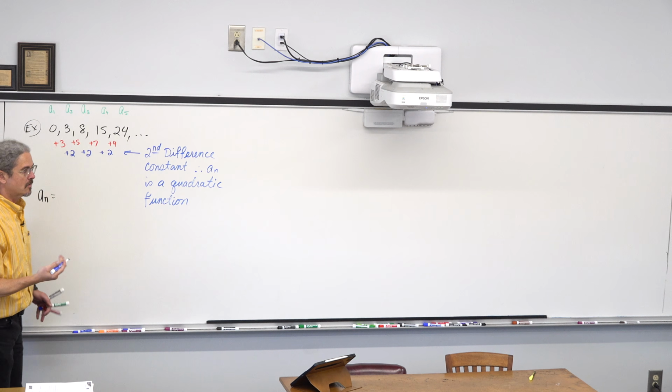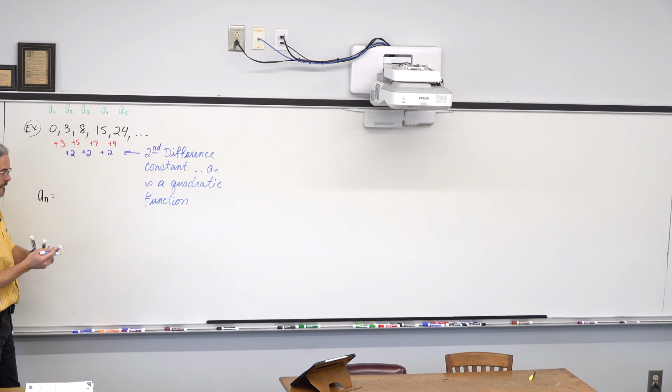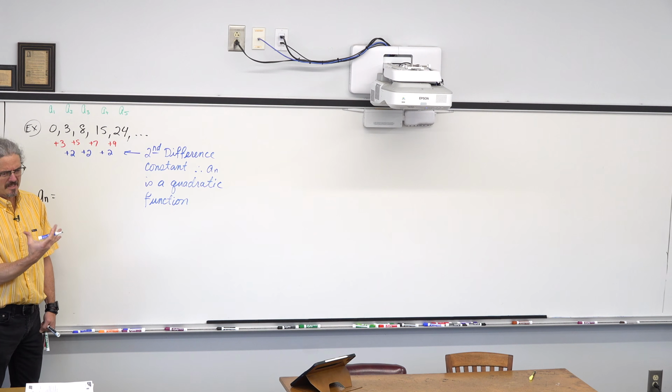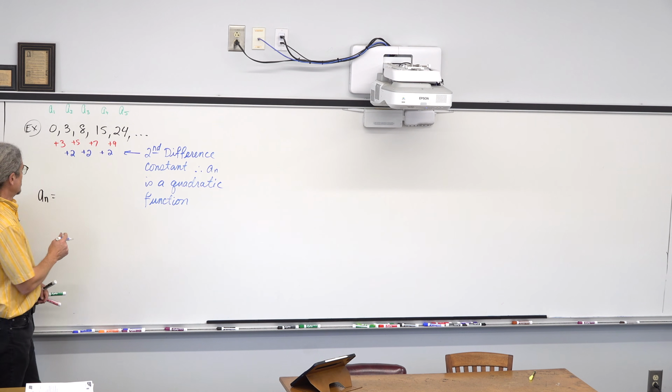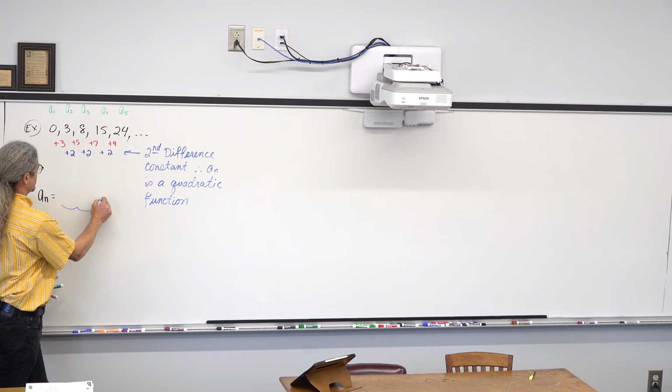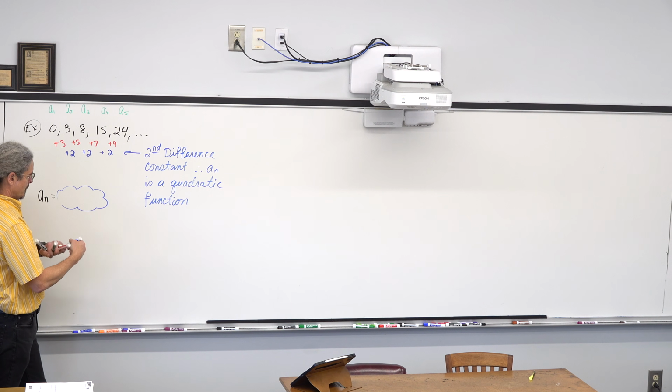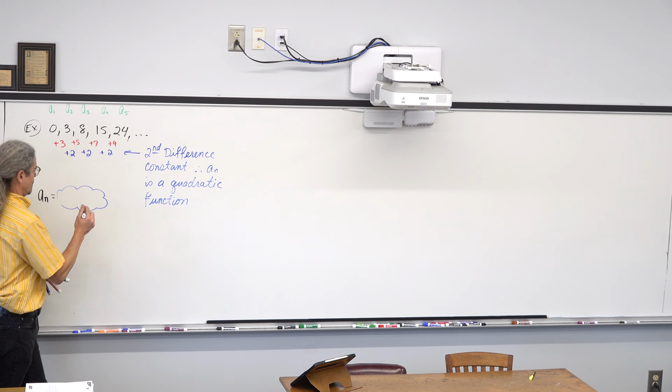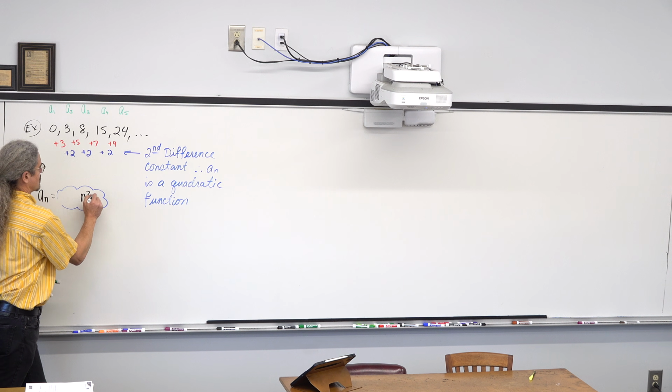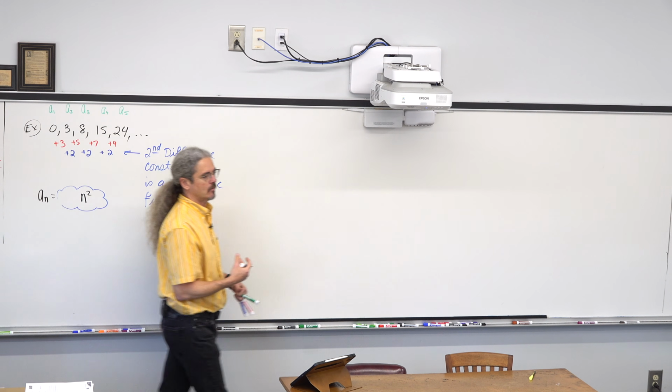Okay, so again, I'm just trying to talk through the thinking of this, not just spew out an answer. So a sub n is going to have some kind of math in it with an n squared involved somehow.